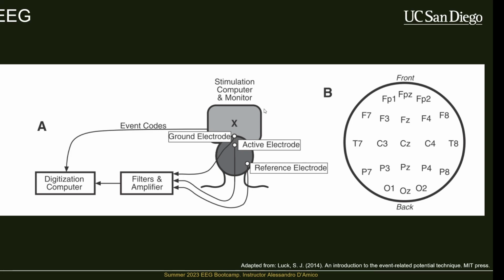And we need to know when those events are happening so that we can look at the EEG activity synchronized to those events. And so what we do is we write our experiments so that they send event codes. And these event codes are going to be synchronized by the computer, or maybe sometimes they're synchronized by the amplifier.